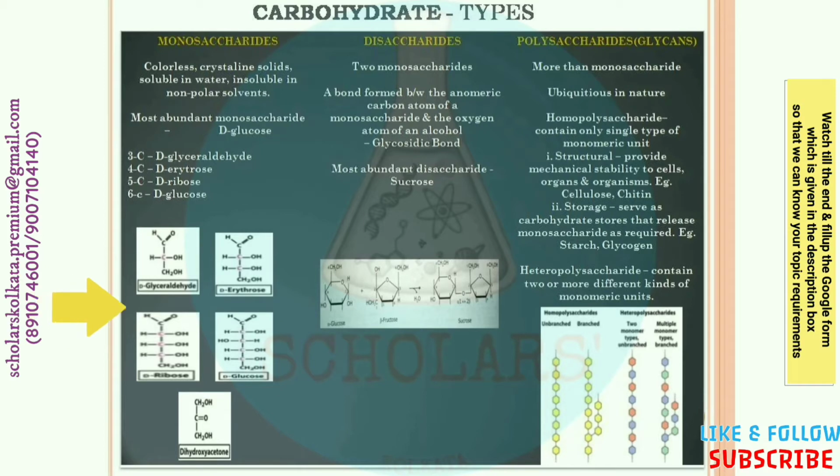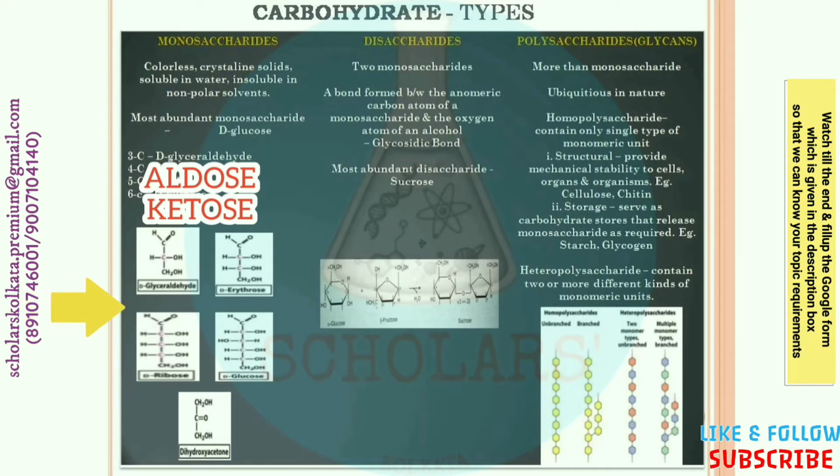You can see in the pictures some examples: the 3 carbon monosaccharide is glyceraldehyde, 4 carbon is erythrose, 5 carbon is ribose, and 6 carbon is glucose. Here the monosaccharides are differentiated into two types, called aldose and ketose.